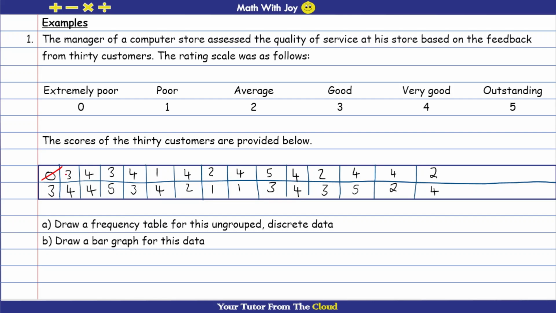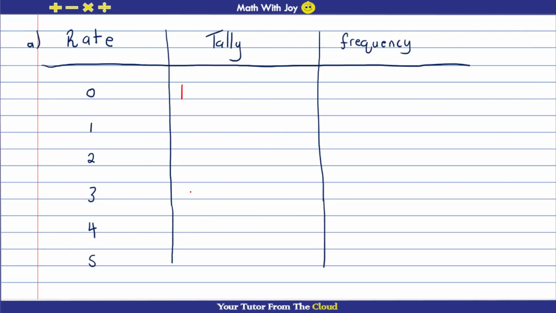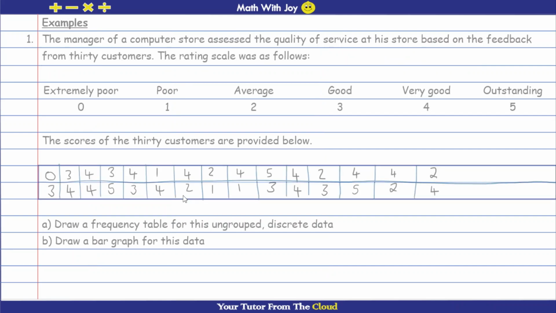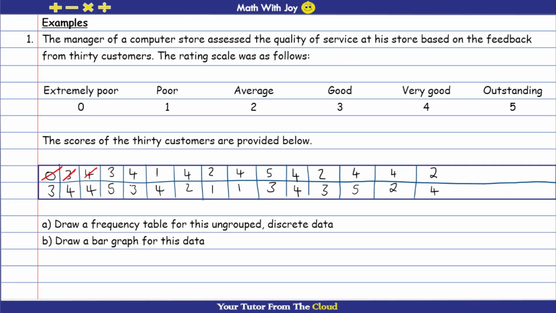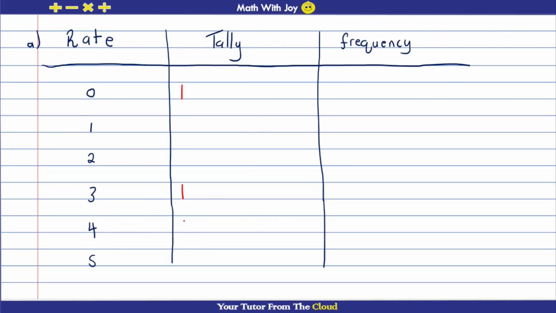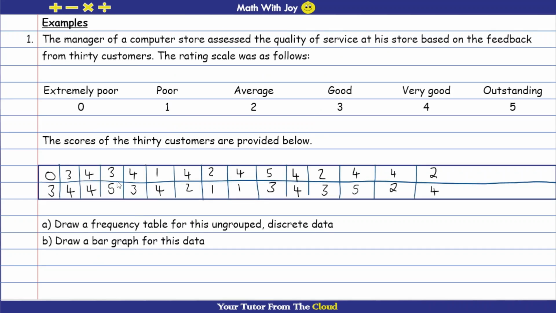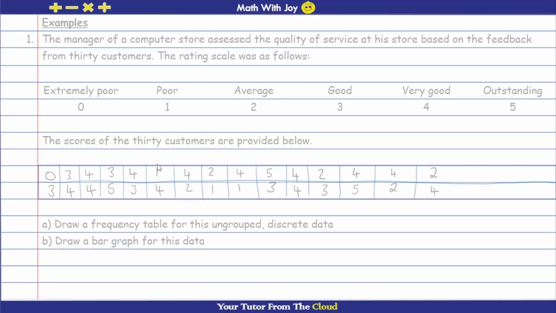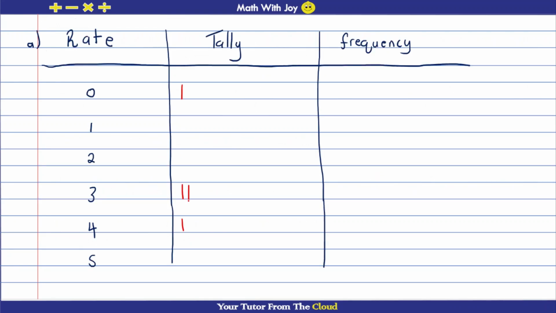Then there's a 3, so I go to the rate of 3 and make a line. Then I see I have a 4, so I go to the rate of 4 and make a line. Then I see I have a 3, so I go to the rate of 3 and make a line.